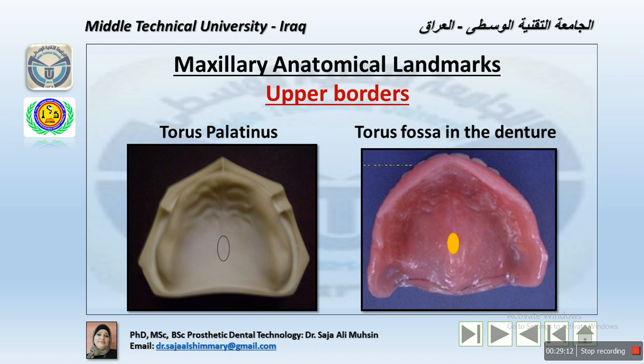Otherwise, this will exert force on it, and this is a bony structure, which may lead to resorption of the bone. And this area, as I mentioned previously, is located also within the raphe area, the median suture. This may lead to perforation, exposing the maxillary sinus sometimes.